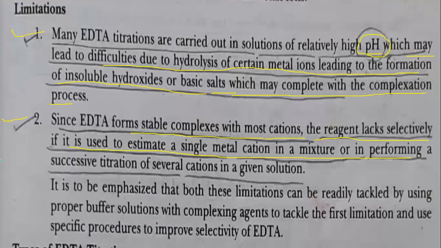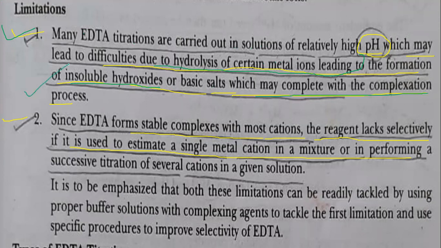Then what are the limitations? See, we need to carry out the titration at a relatively high pH, okay, which may lead to difficulty due to hydrolysis of certain metal ions. What happens to those metal ions is that metal hydroxide forms, and in that case those hydroxides are insoluble in water, okay, or basic salts form, which may compete with the complexation.